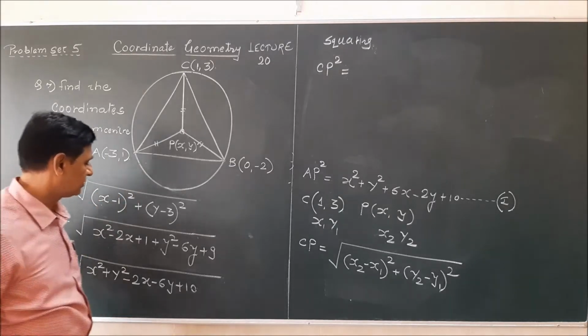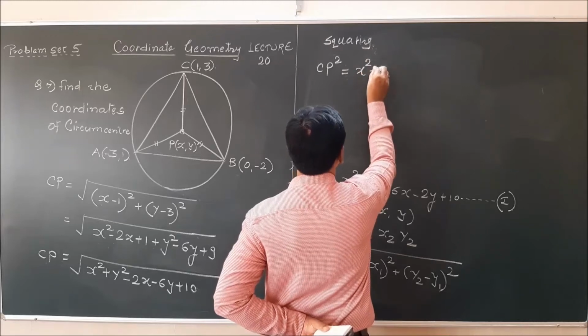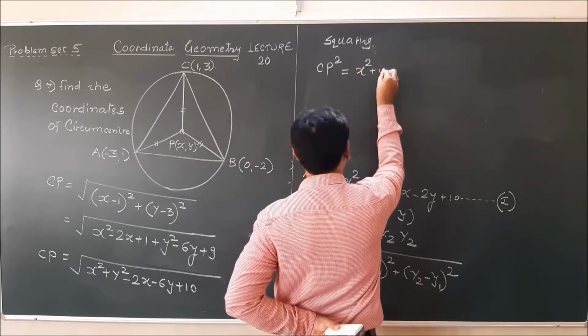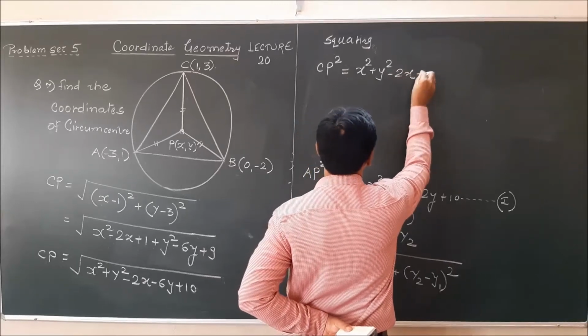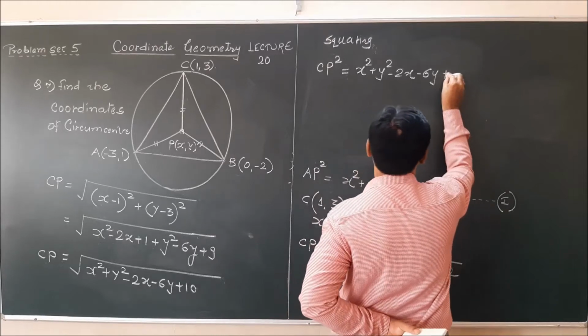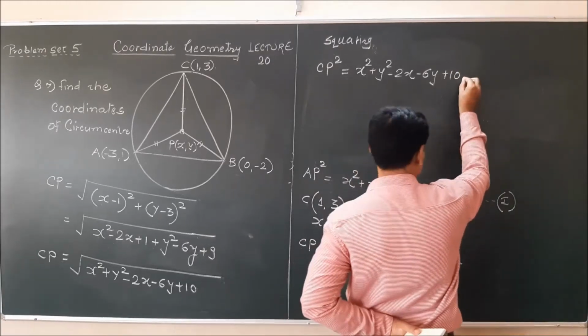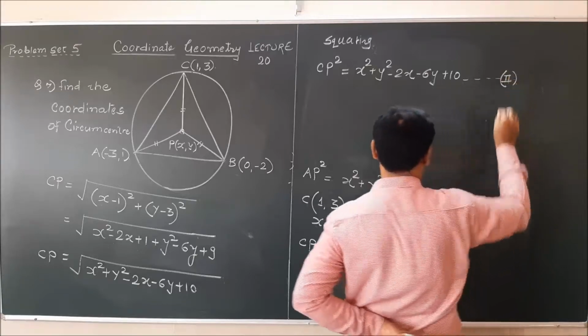So here we will get x square plus y square minus 2x minus 6y plus 10. We only square to get rid of the square root. Fine, very good. So this is how we got equation number 2.